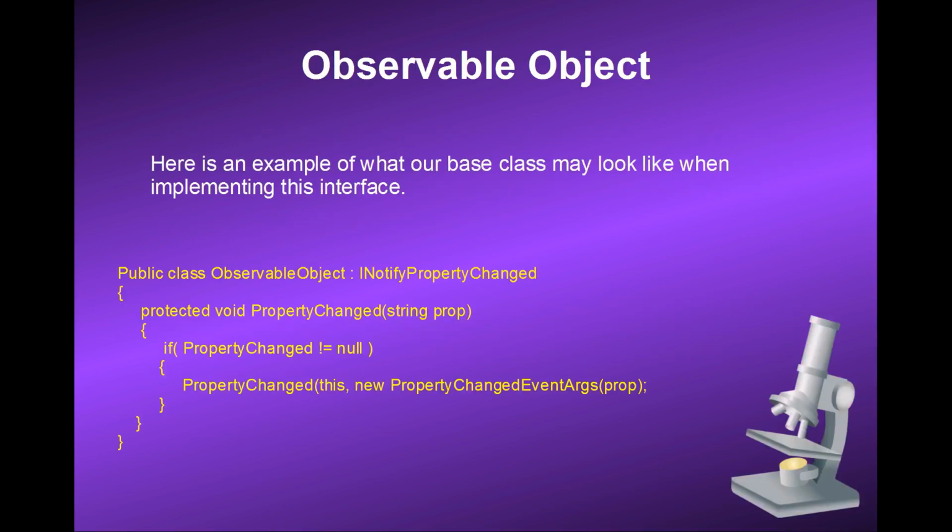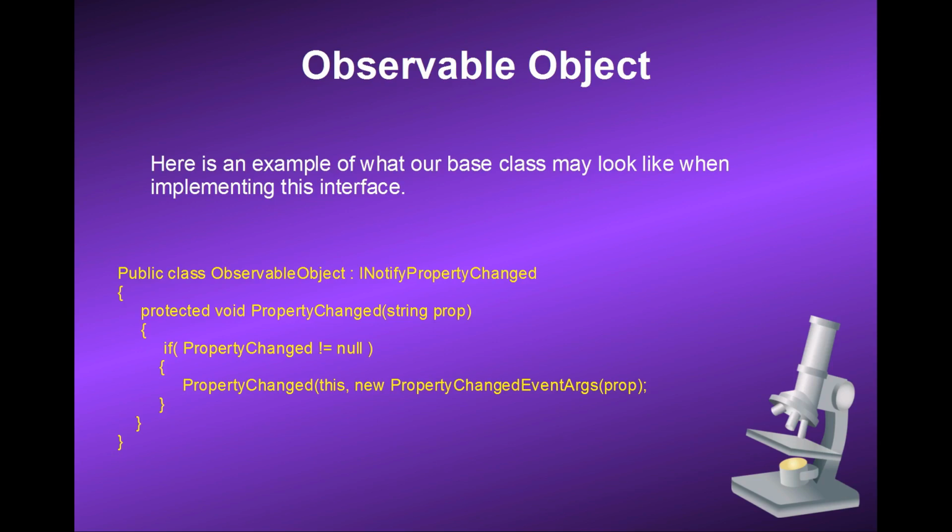Here's an example of what our base class may look like when implementing this interface. So here you'll see we have a public class called ObservableObject, and this will inherit the INotifyPropertyChanged interface. And then we have a protected void called PropertyChanged.